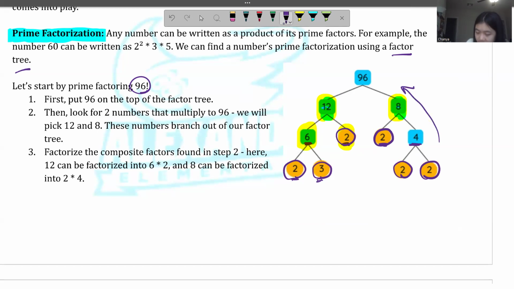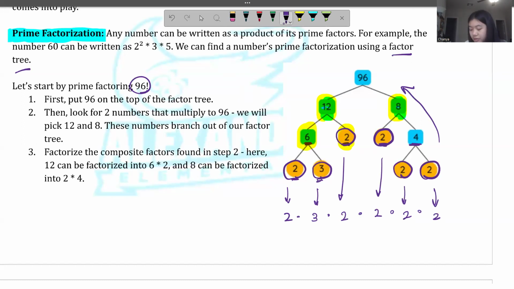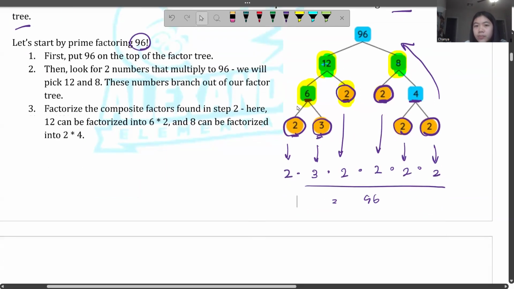In this example, you take 2 from here times 3 from here times 2 from here times 2 from here times 2 times 2. I'm just taking all the prime factors we have, and when you multiply them, you do get 96, and you can verify that this is correct. So this is one way to express the prime factorization.